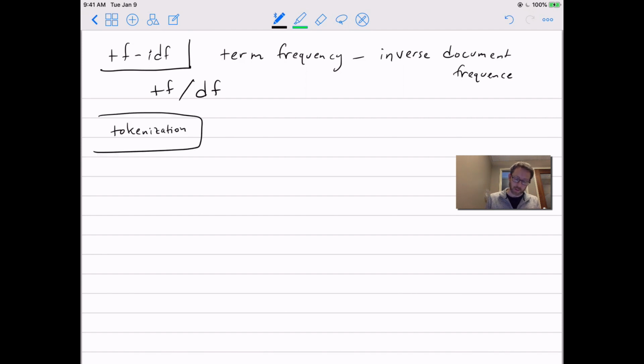Whenever you have text, you need to break it down into your individual terms, a list of somehow canonicalized or standardized terms. They're often called tokens, and the process of getting them is called tokenization. So the input here is some kind of arbitrary string which contains natural language.